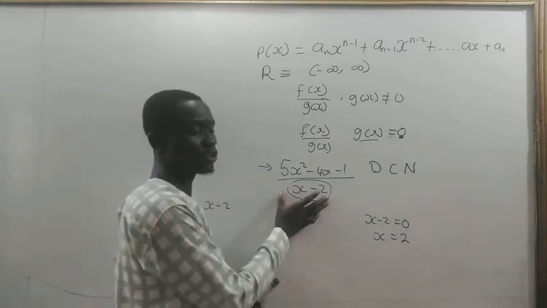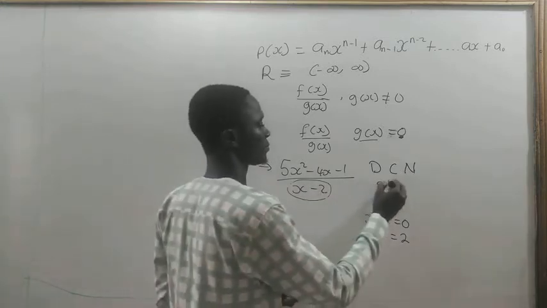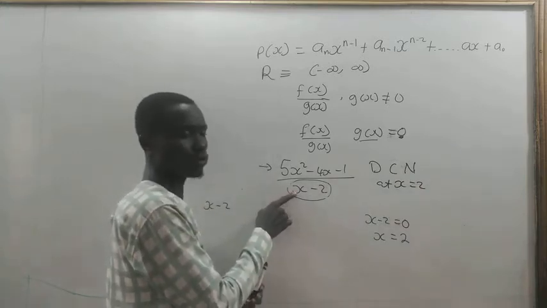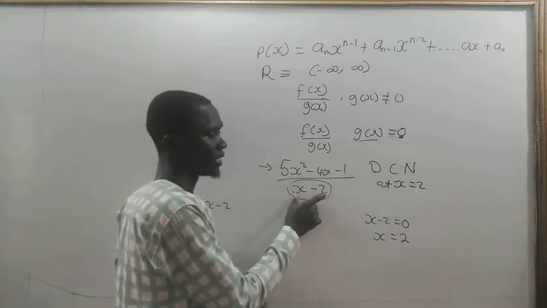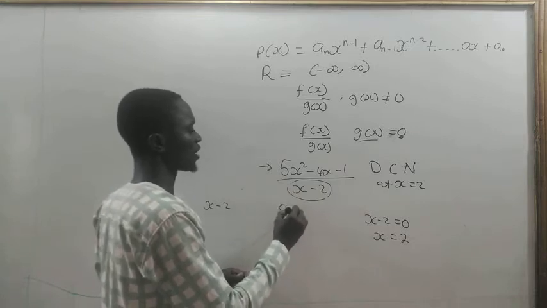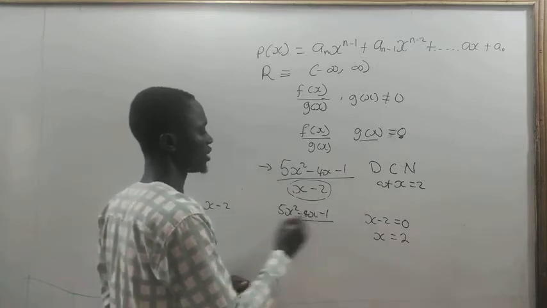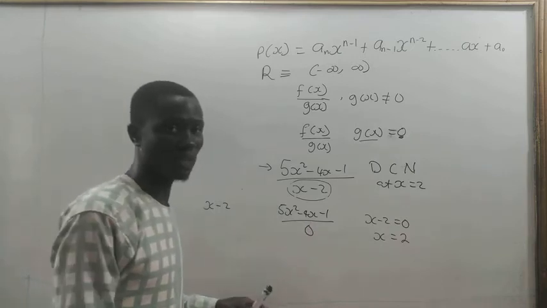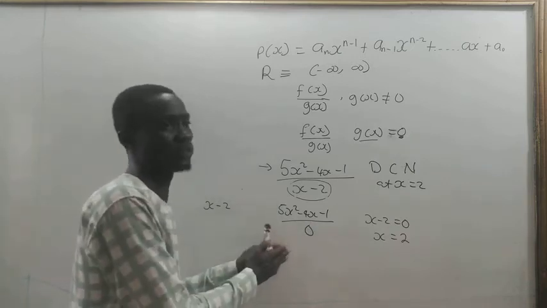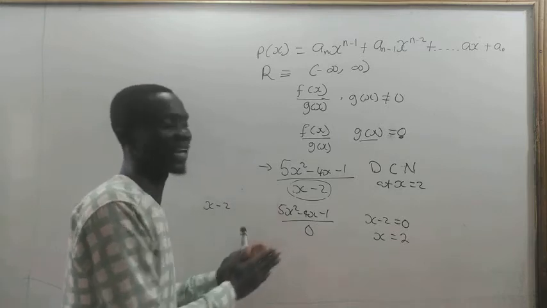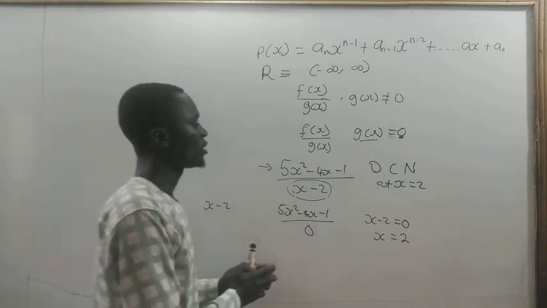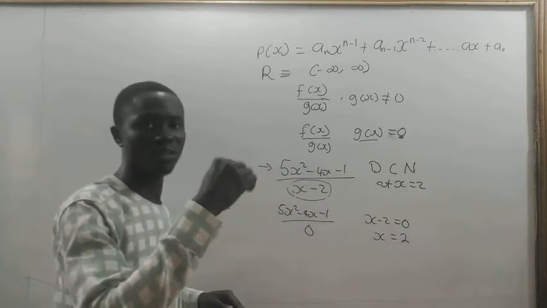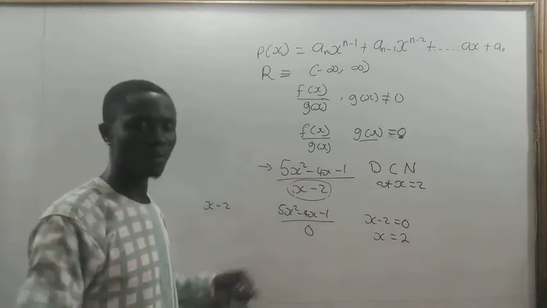So this function is discontinuous at x equal to 2, because if you put x equal to 2, 2 minus 2 will be 0, and we will have 5x squared minus 4x minus 1 divided by 0, which does not exist in terms of limit. And for rational functions, this is undefined. So if you draw the graph of this function, there will be a hole, there will be a breakage.